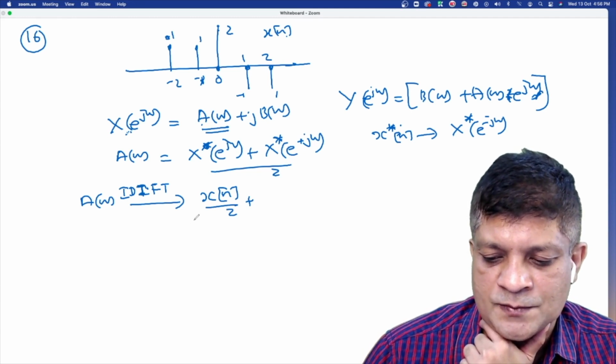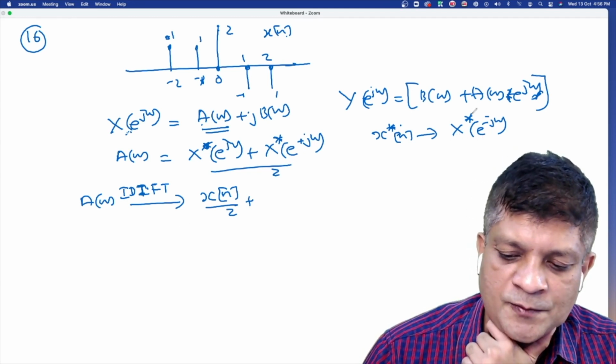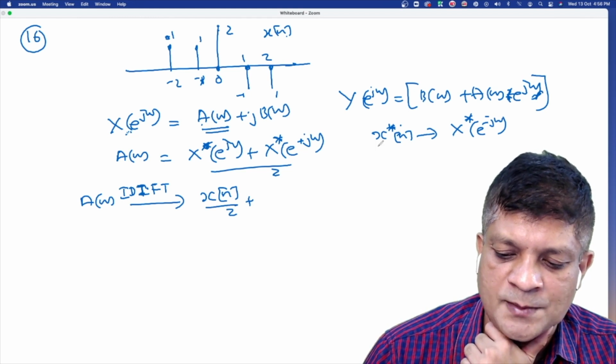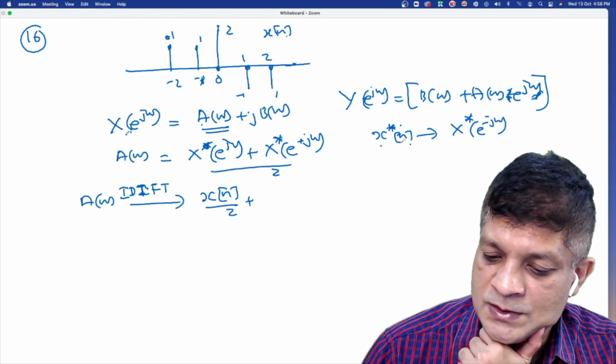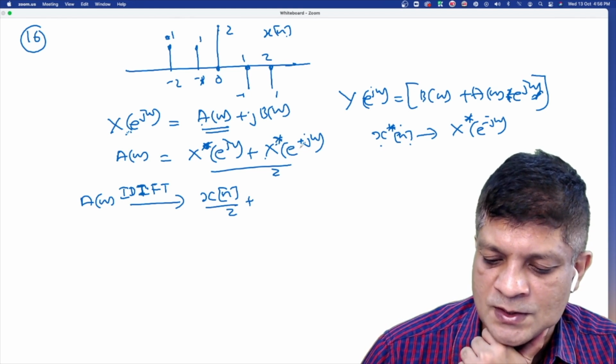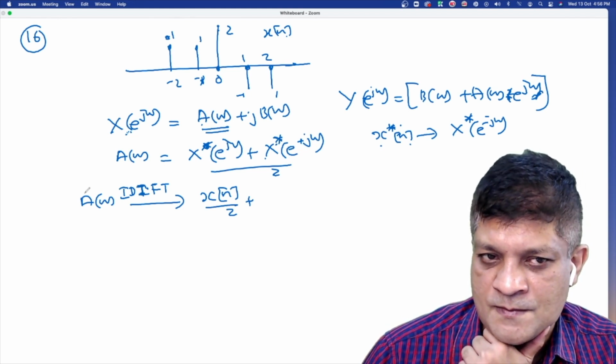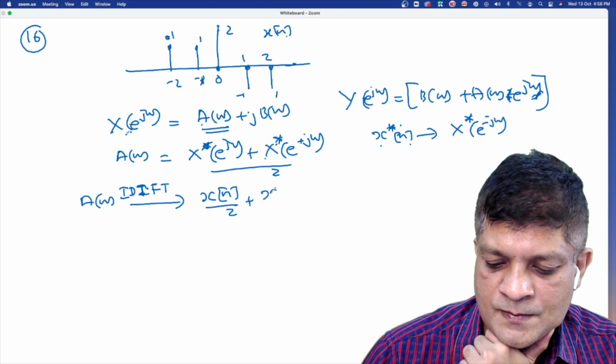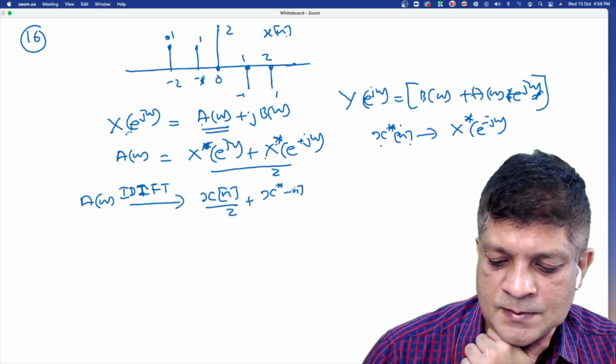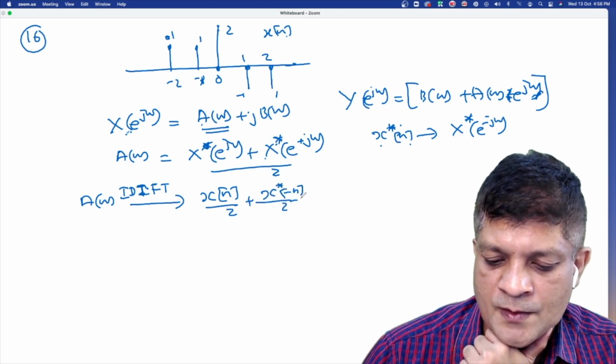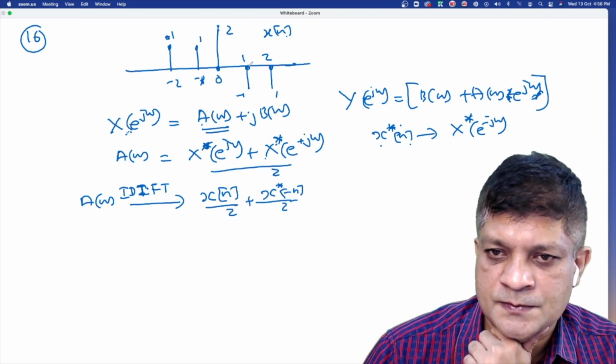Now tell me what is the second part? The inverse Fourier transform of X*(e^{-jω}) is x*[n]. Now what is the inverse Fourier transform of X*(e^{jω})? It is x*[-n]/2. What type of signal is this?